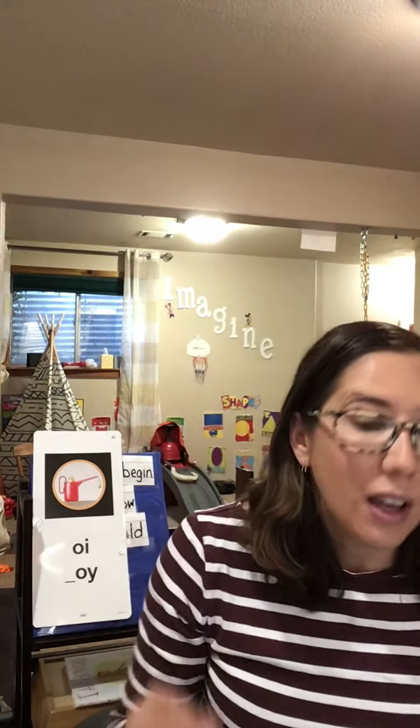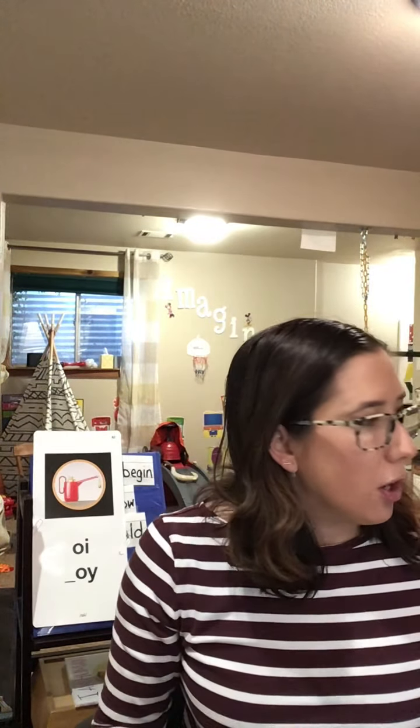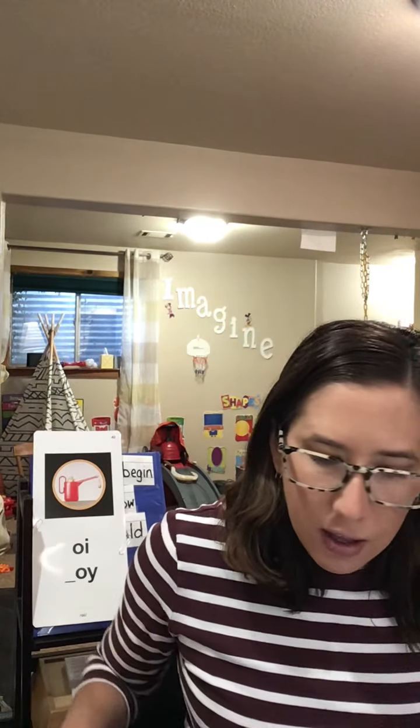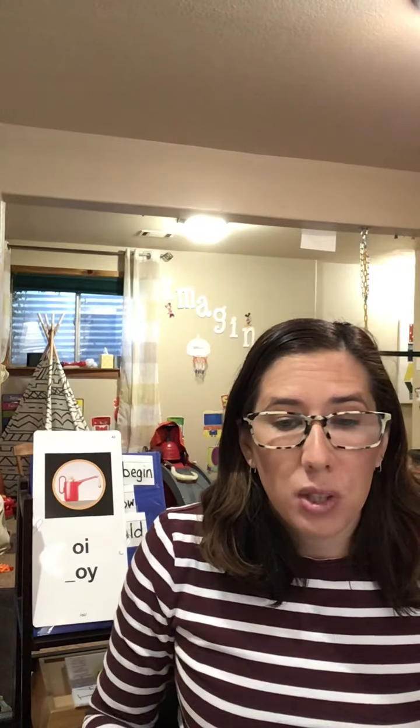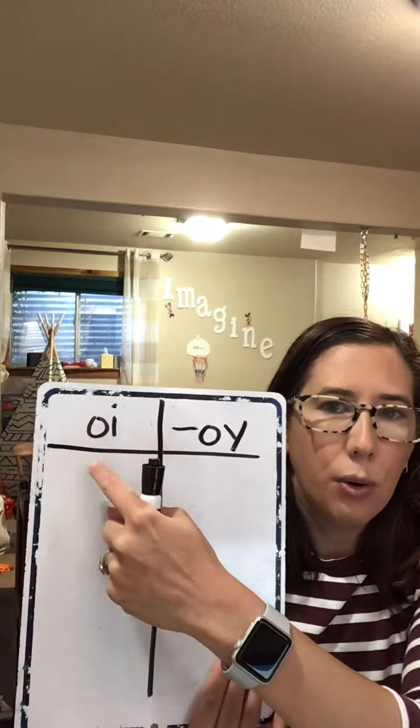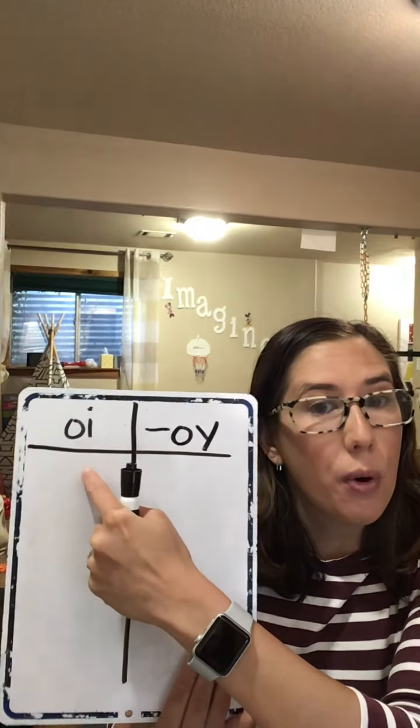So I'd like you to make a T-chart with an O-I on one side and an O-Y on the other side. Now remember, O-Y only comes at the end, except for in some words that we don't use very often, like oyster. O-Y comes at the beginning of oyster. But most of the time, O-Y is at the end, and O-I is either in the beginning or the middle.